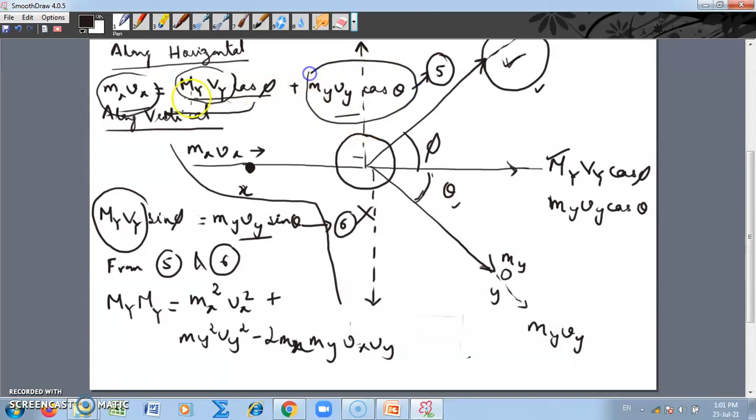So we have mx vx square, which I have written here. Then we'll have this square, cos square theta, which will combine with this one. This is equation number 7.